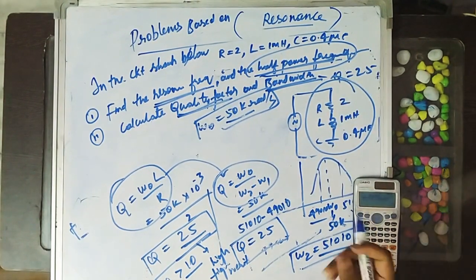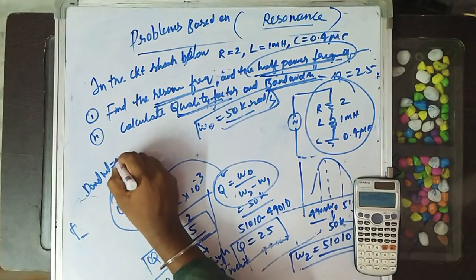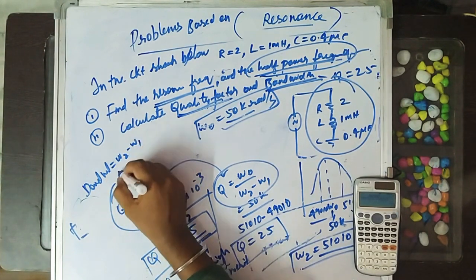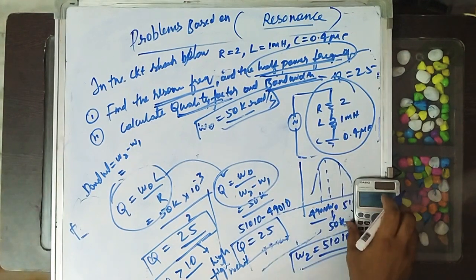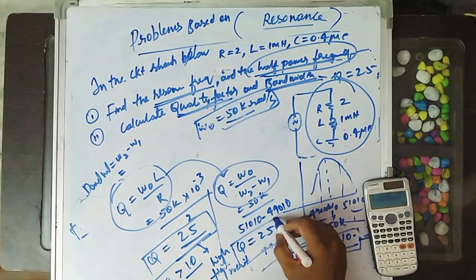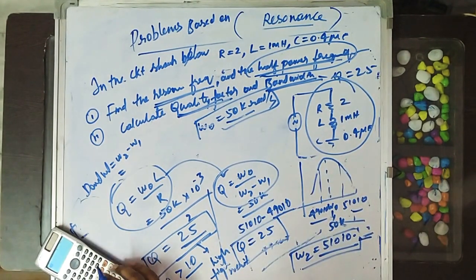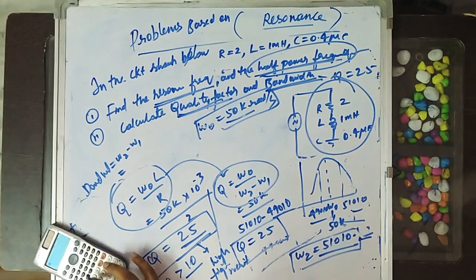Now for bandwidth, so bandwidth equal to what? Omega 2 minus omega 1. So omega 2 minus omega 1 means 51010 minus 49010.